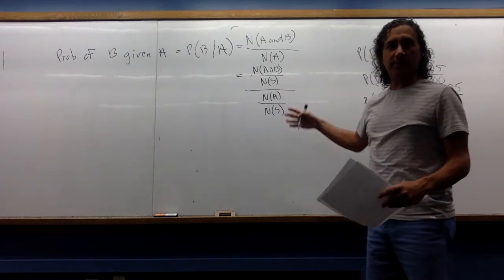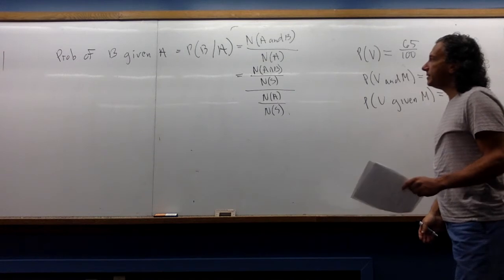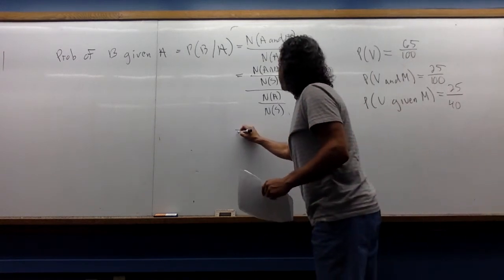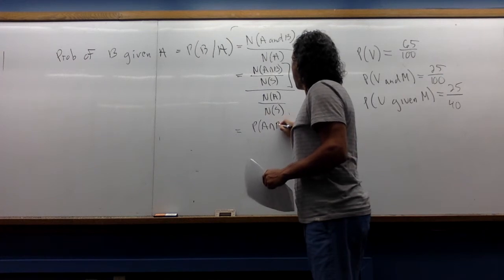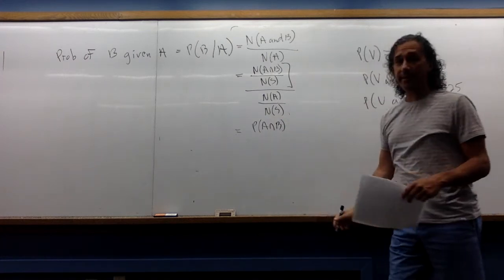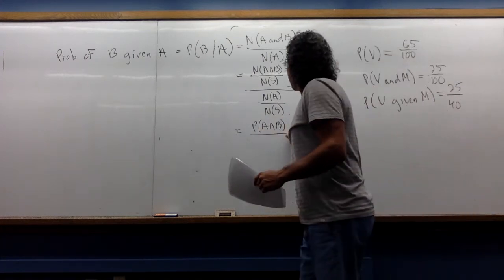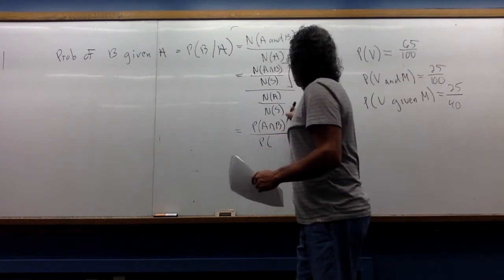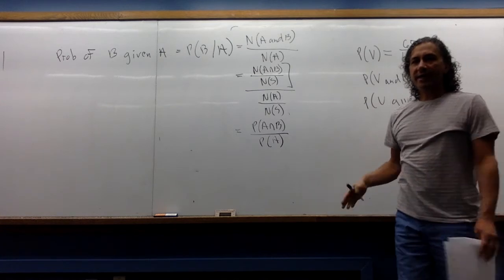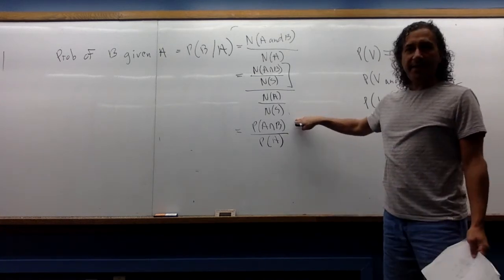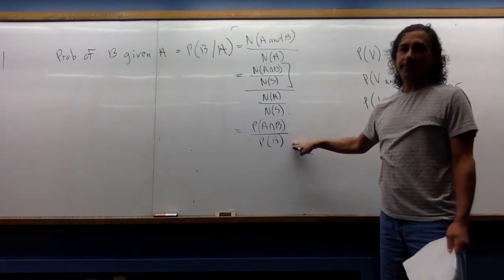That's just algebra, not probability. Why would I do that? Because then the top can be re-expressed as a probability. Now the top is the probability of A and B, and the bottom is the probability of A. So the probability of B given A is the probability of A and B divided by the probability of A.